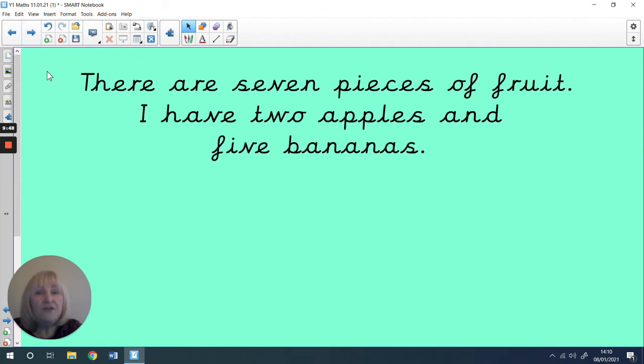This is something that you're going to have a go at now with your grown-up. There are 7 pieces of fruit. I have 2 apples and 5 bananas.